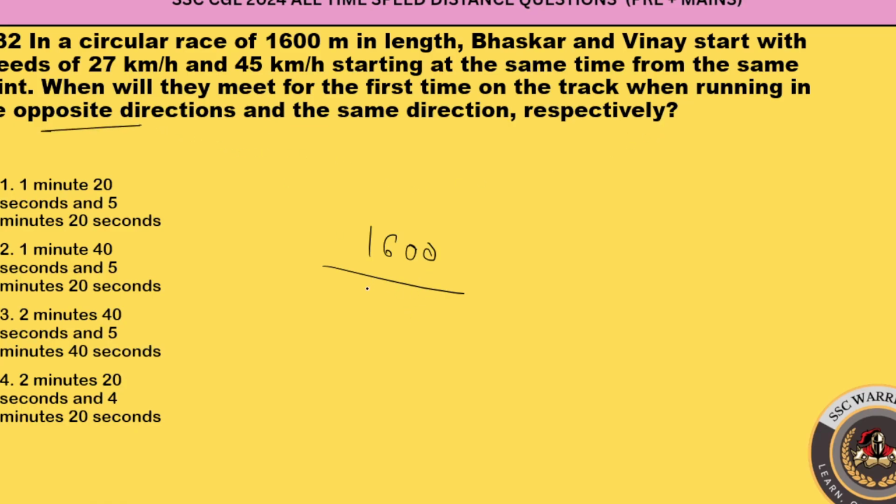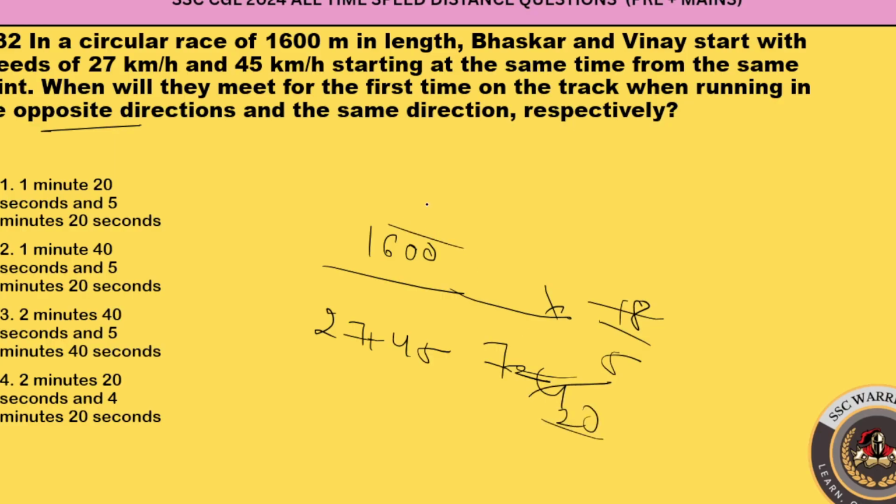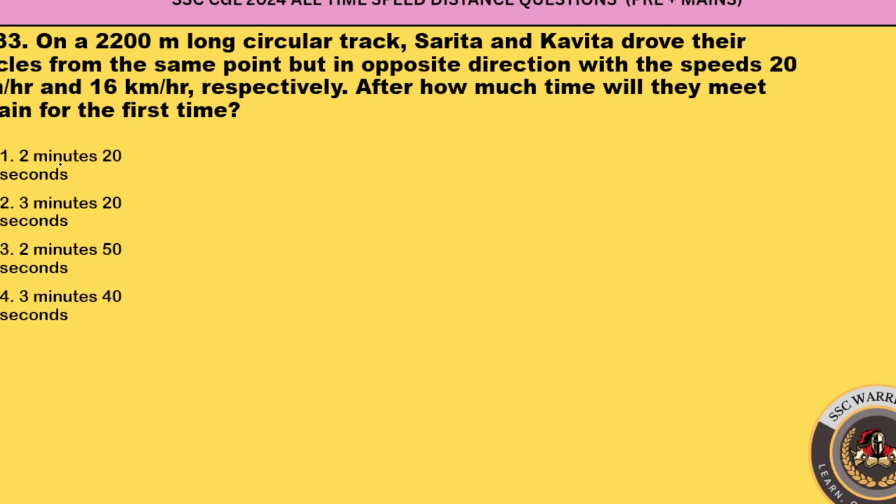So calculate for opposite direction, which is S1 plus S2, that is 27 plus 45, 72, multiplied by 5 by 18. That gives 80 seconds, so it will be 1 minute 20 seconds. That option will be the correct answer.